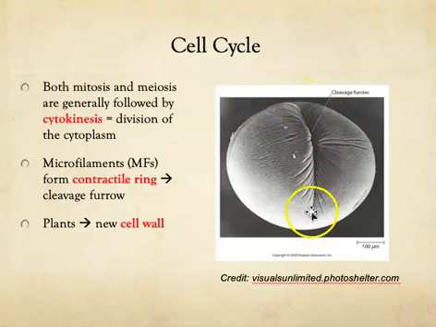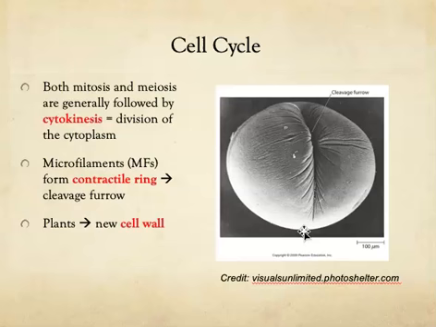This line, this contractile ring that forms around the center of a cell during cytokinesis, is actually made out of microfilaments. It's microfilaments that line up underneath the membrane and then contract.